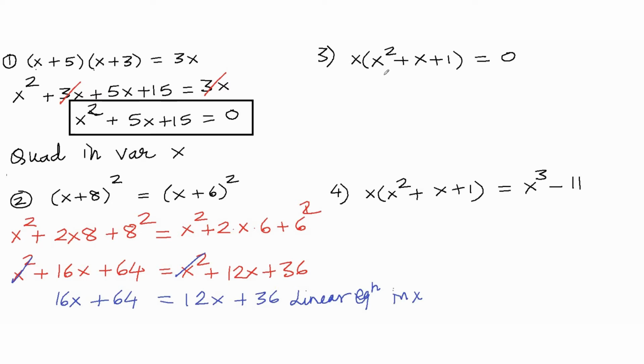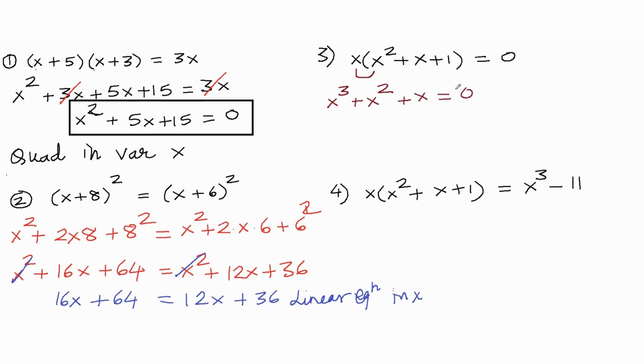Now let's take a look at the third one. We have x into x square plus x plus 1 is equal to 0. Let me open the brackets term by term. So x into x square becomes x cube, and x into x becomes x square, and x into 1 becomes x. So plus x is equal to 0.